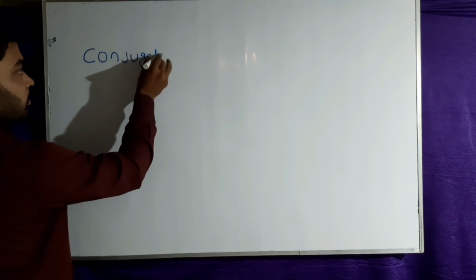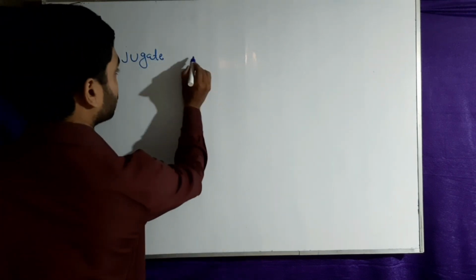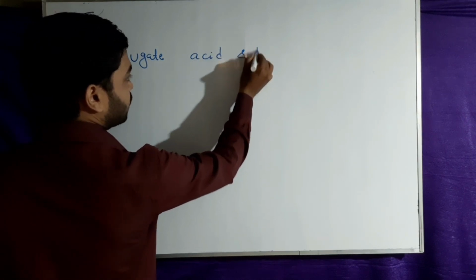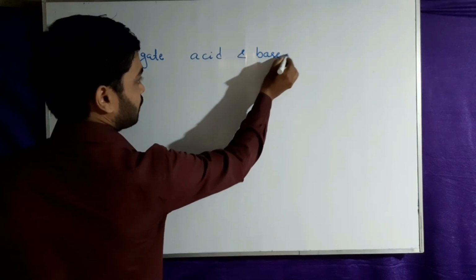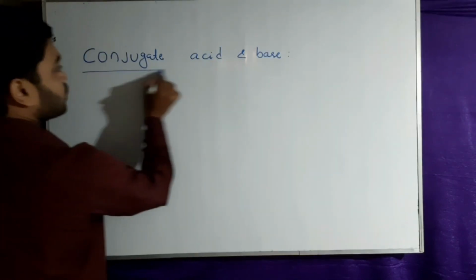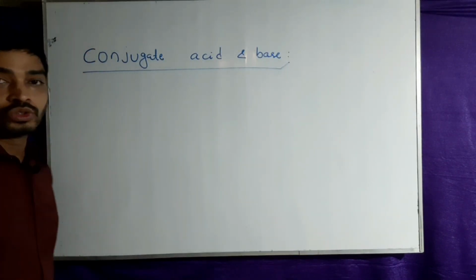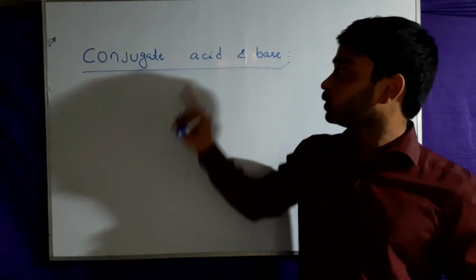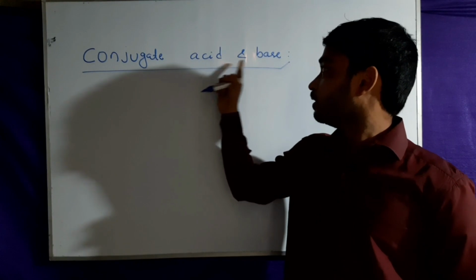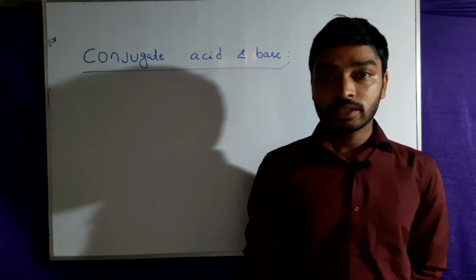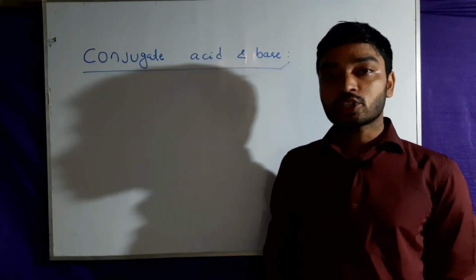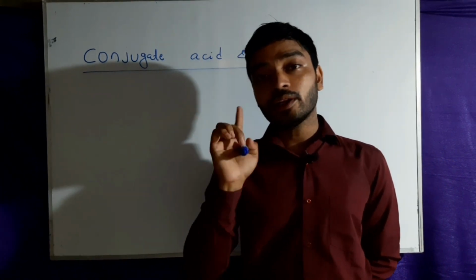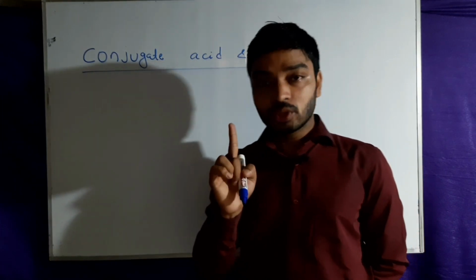Conjugate acid and base. So which chemical is called a conjugate acid and which chemical will be called a conjugate base? This concept belongs to the theory which we have already learned, that is Bronsted-Lowry theory.